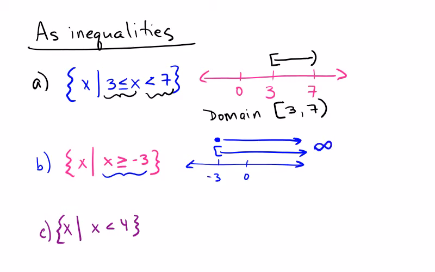When we write interval notation, we always go from left to right. So our lowest value is -3, and we are including -3 as part of the value. Our highest value is infinity, but we put a parenthesis on that side because there is no infinity.